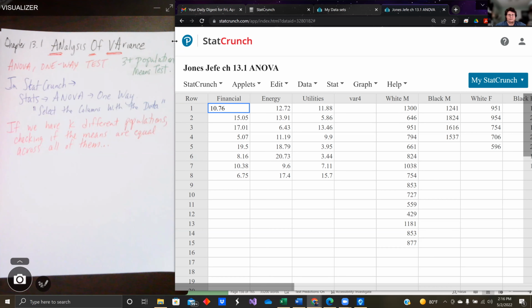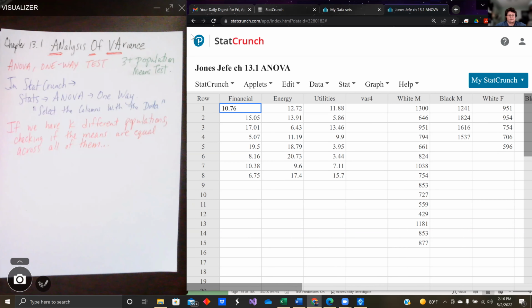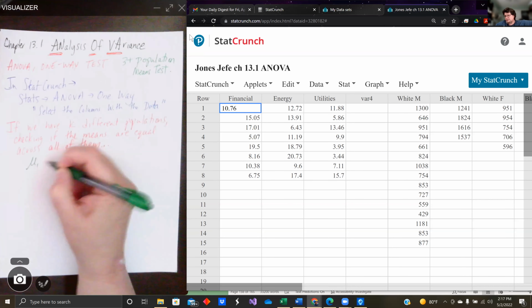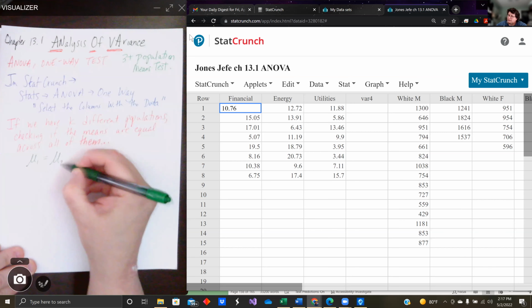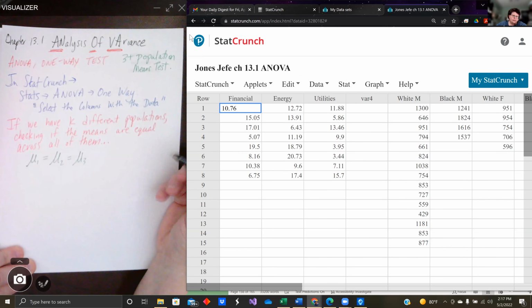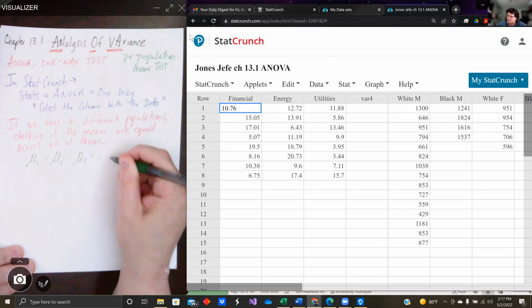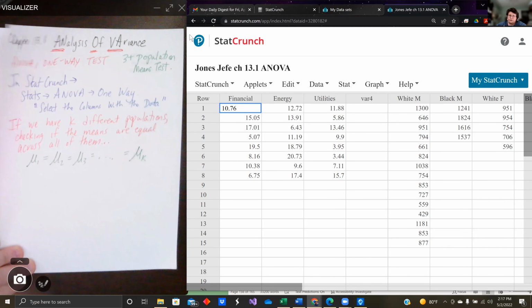What that really boils down to is if we've got mean 1, well, mean 1 should equal mean 2, which should equal mean 3, which should equal all the way up to mean K. So the subscript here is the population group number.